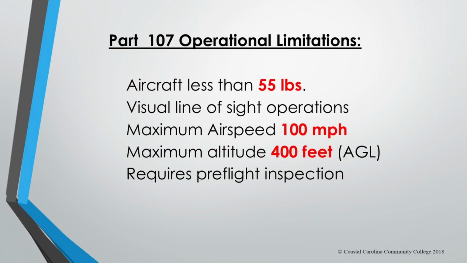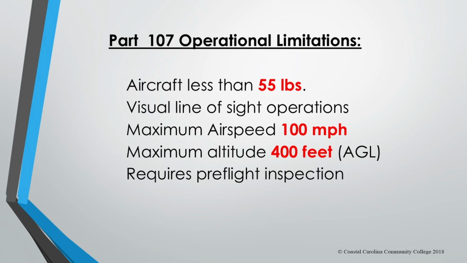Now, if you are operating outside of daylight hours, you must have additional lighting in compliance with the rules. Your maximum airspeed is 100 mile an hour. Your maximum altitude is 400 feet AGL.